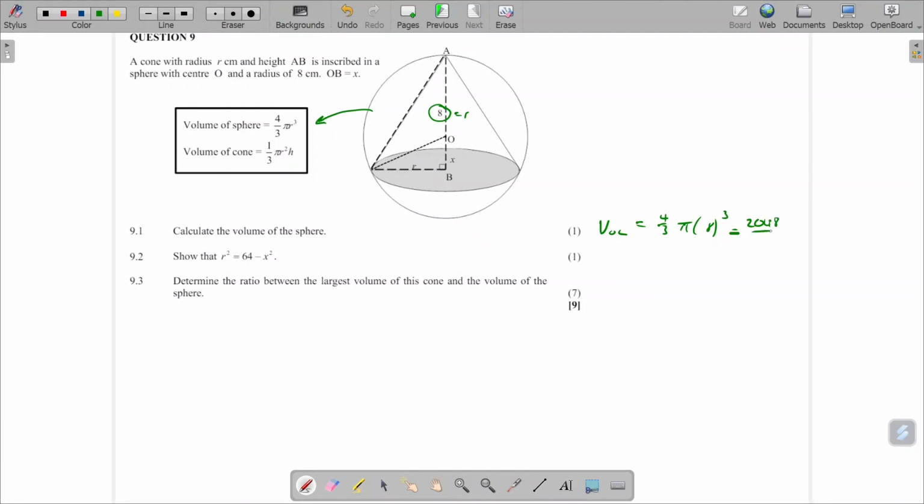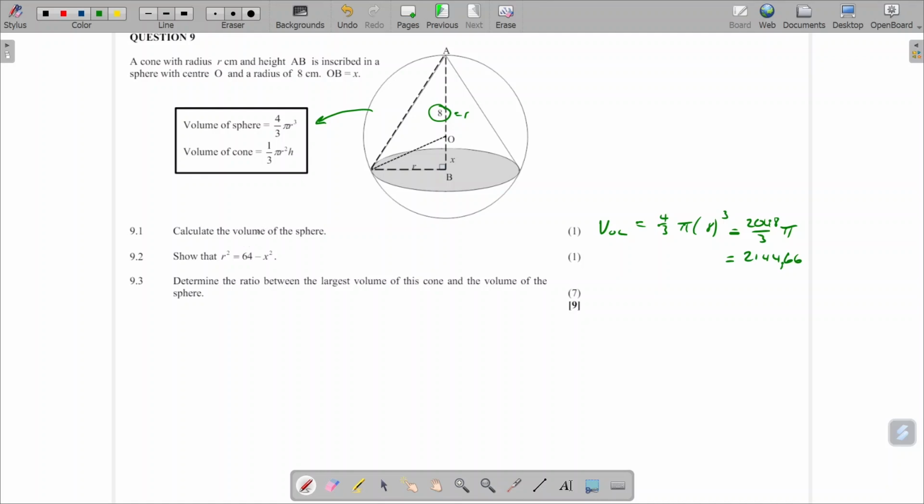I had an answer initially of 2048/3 pi, written as a decimal, which is approximately equal to 2144.66.